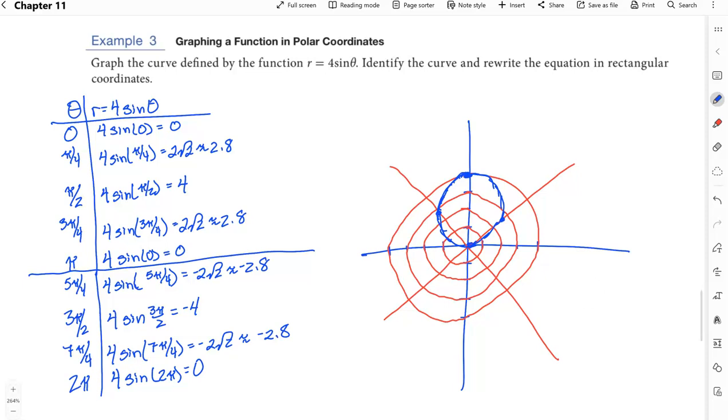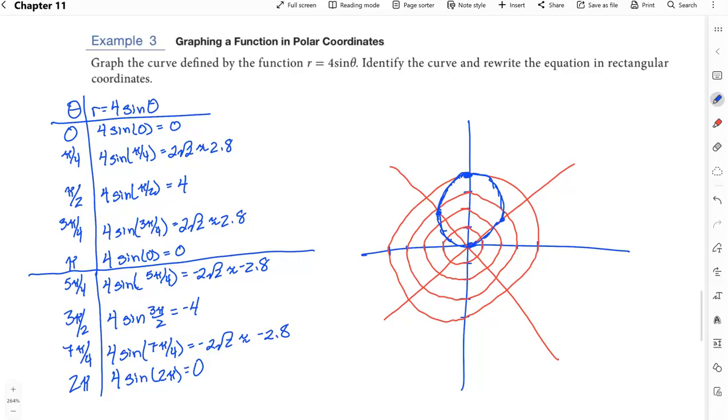So then what's going on with these down here? So at 5 pi over 4, I was at negative 2 square root of 2 when I plugged that in to figure out my r. Remember, r is equal to 4 sine of theta, so I'm looking at 4 sine of 5 pi over 4. And that's going to give me a negative value. So here's 5 pi over 4, but remember, because that r is negative, we are moving along the side opposite the terminal side, which puts us right back at this ordered pair, which we also called pi over 4, 2.8.